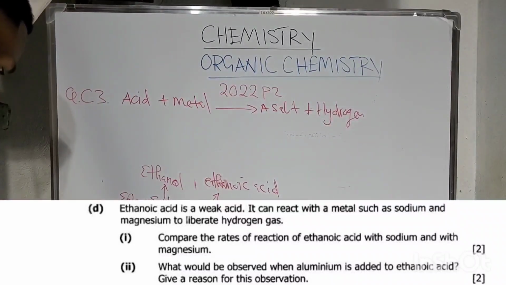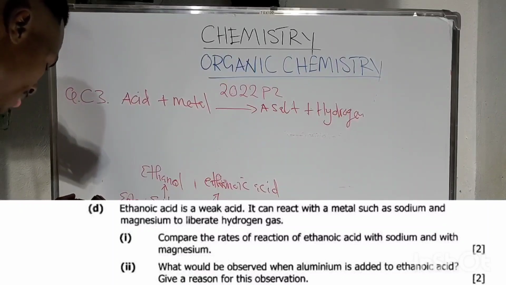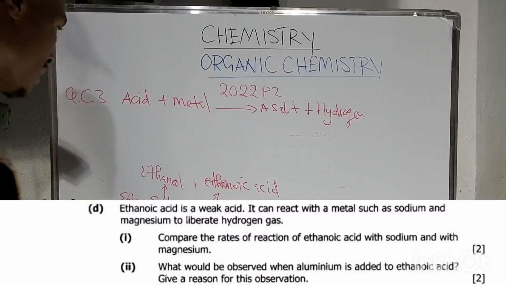Now, what are they asking? They're saying compare the rate of reaction of ethanoic acid with sodium and with magnesium.